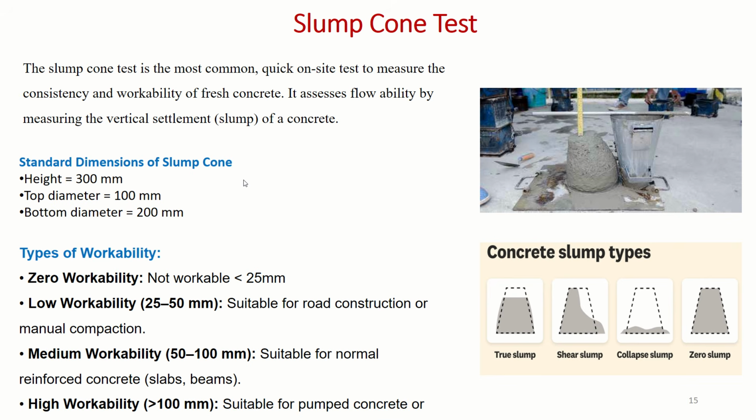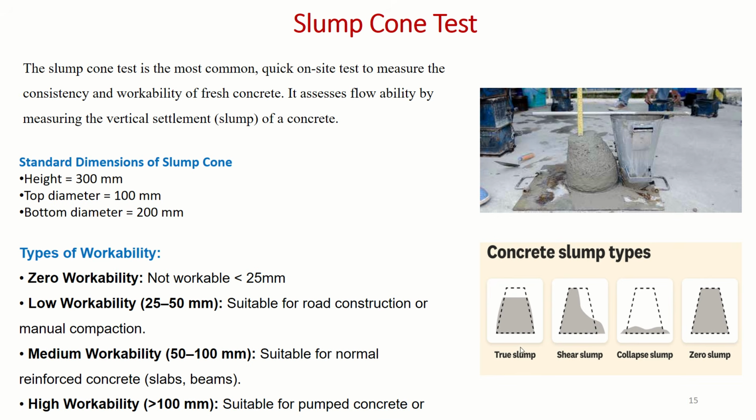Whenever we prepare the concrete, we fill that concrete sample into the mold, and when the mold is lifted vertically upward, we measure the slump from the top side. You can see in the figure that the rod is kept horizontal and slump is measured from the top side. So top side means what? What is the magnitude of that collapse? That magnitude, or we can say height, is measured.